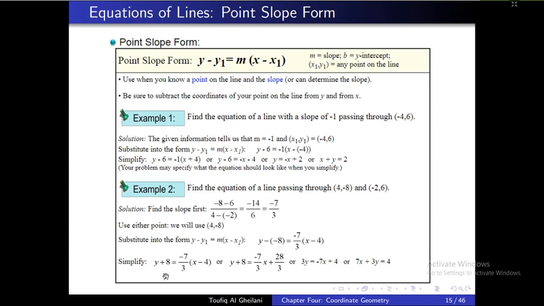So simplify it, will be y plus 8 equal minus 7 over 3 times x minus 4, or y plus 8 equal minus 7 over 3 x plus 28 over 3.